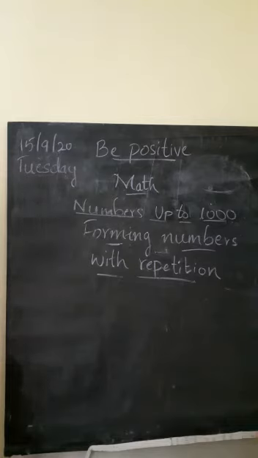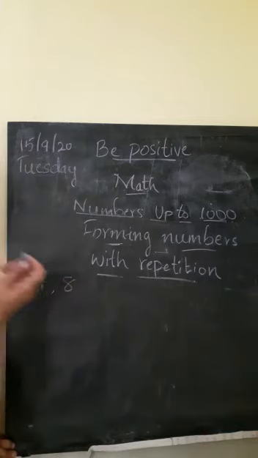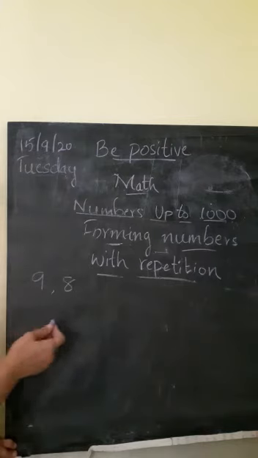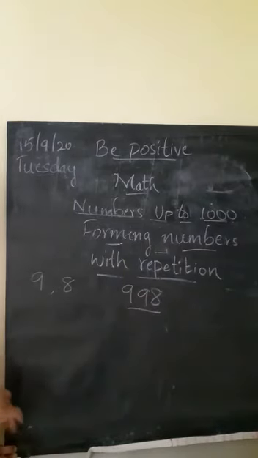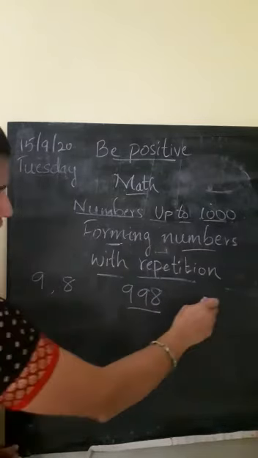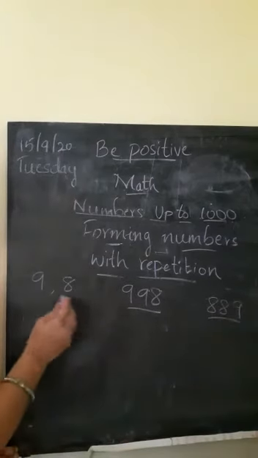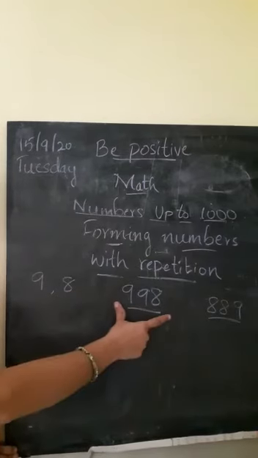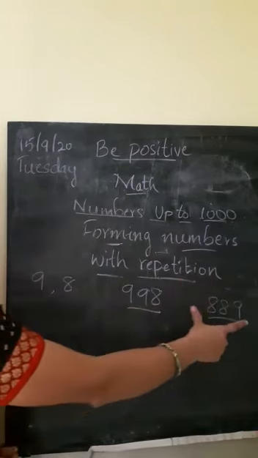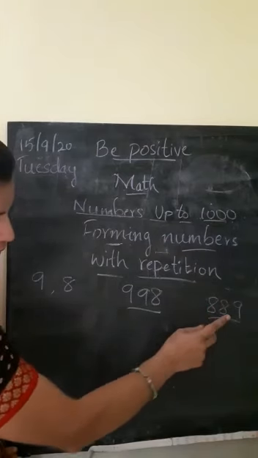Now let us find the answer for the digits 9 and 8. What is the greatest number? 998. What will be the smallest number? 889. What am I doing here? In the greatest number I repeated the bigger digit twice, so it became the greatest number. And in the smallest number, I have repeated the smaller digit twice.